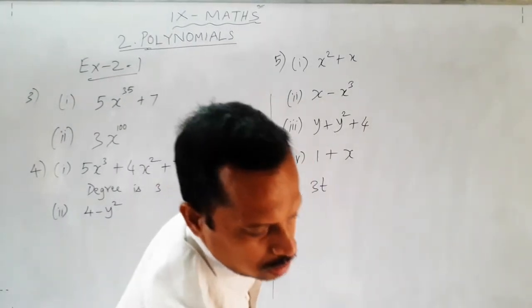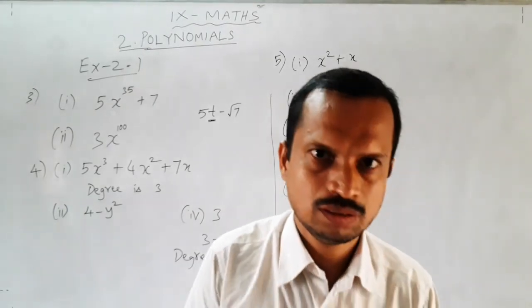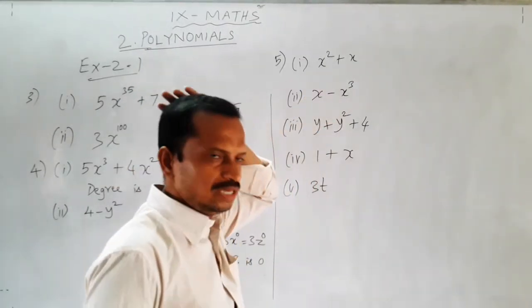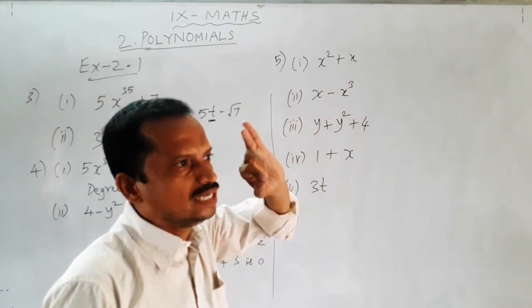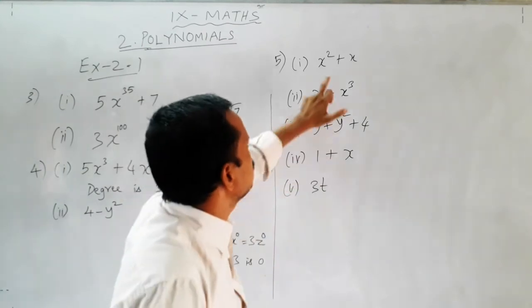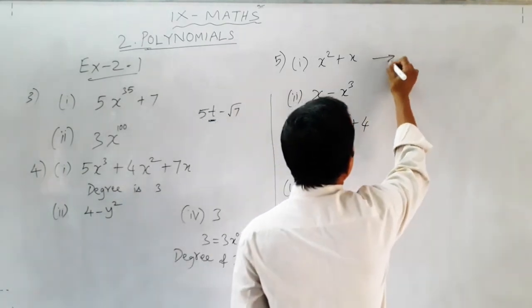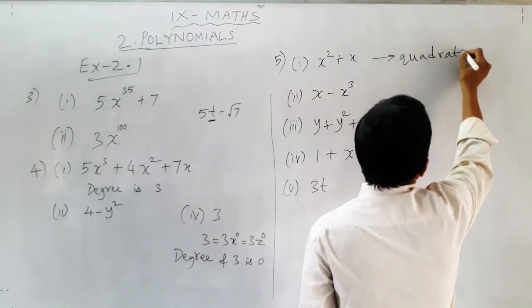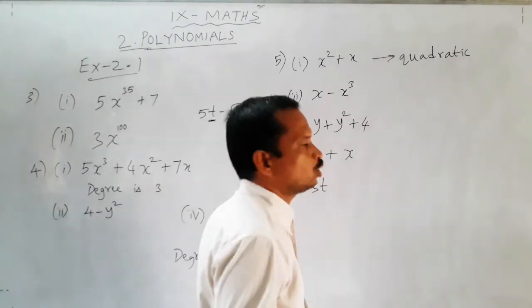You have to classify based on the given polynomial: linear, quadratic, cubic. Linear means degree 1, quadratic means degree 2, cubic means degree 3. That you know. So here the degree is 2, therefore it is quadratic, meaning a quadratic polynomial.